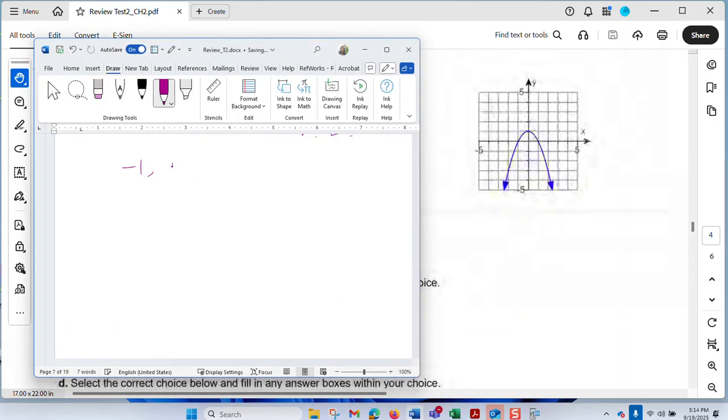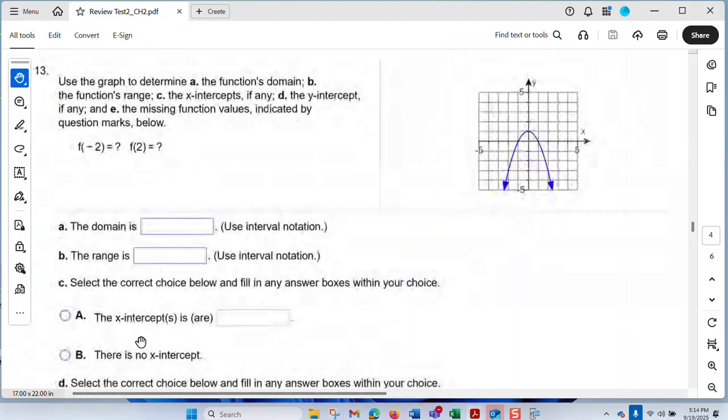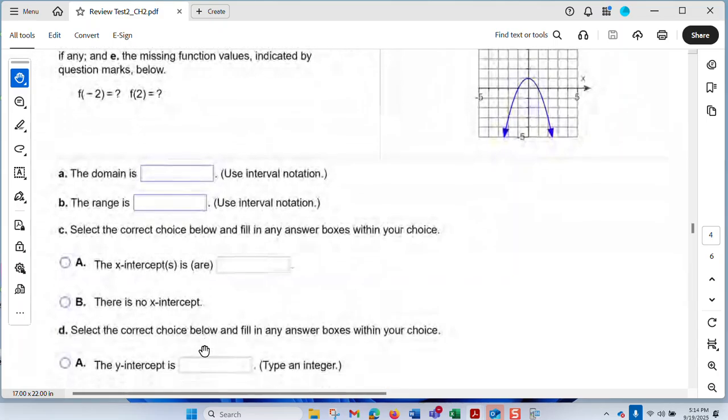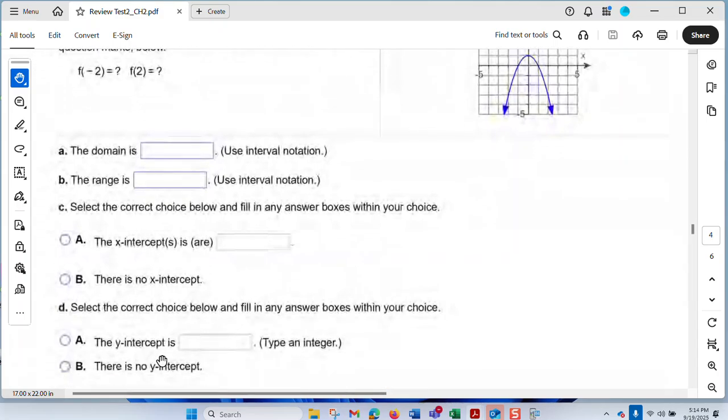You don't have to write down the ordered pair because it's only asking you the x-intercept value, similar to the y-intercept value. All right, we do have a y-intercept here. So this y-intercept, that is y is 1. Okay, so just write down 1 in here. That's all.